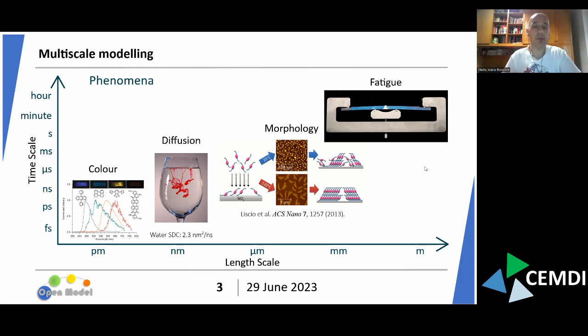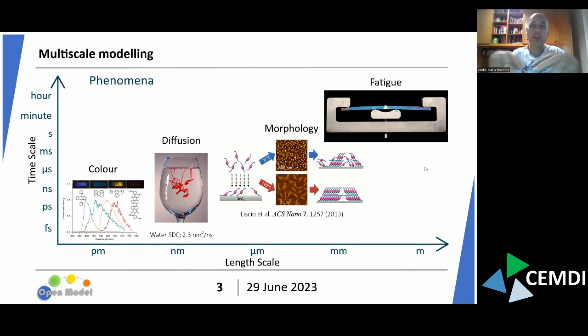nanometers and nanoseconds. And if we go up in scale, we start seeing the morphology of, for example, thin films. Here we have to characterize the formation of those films on the scale of microns. And if we go even higher in scale, we end up at the device scale, from millimeters to meters, and the time scale goes up to hours, but also days and months.